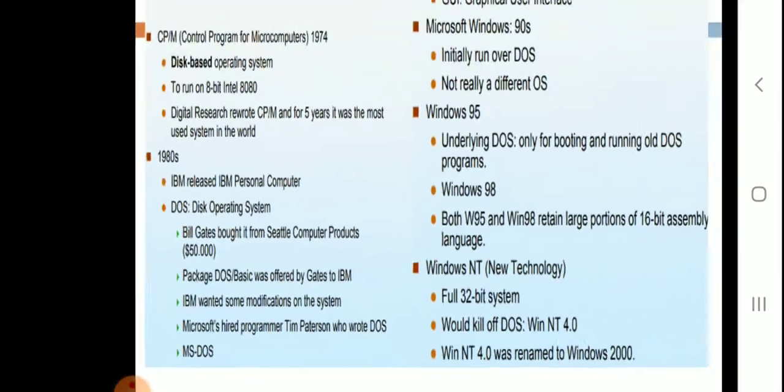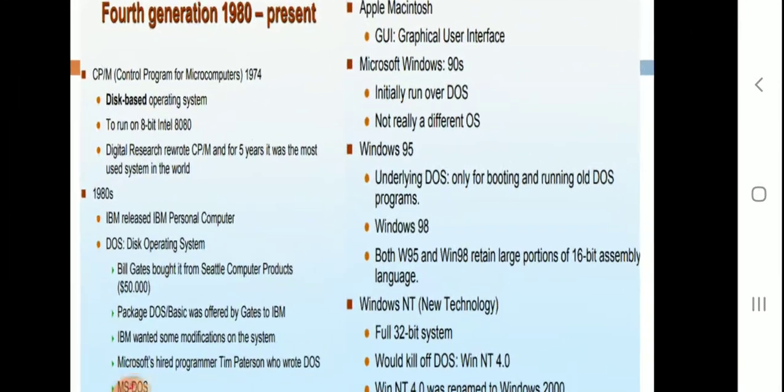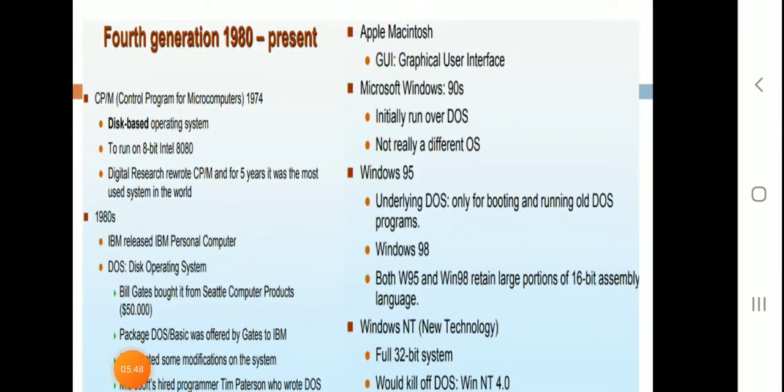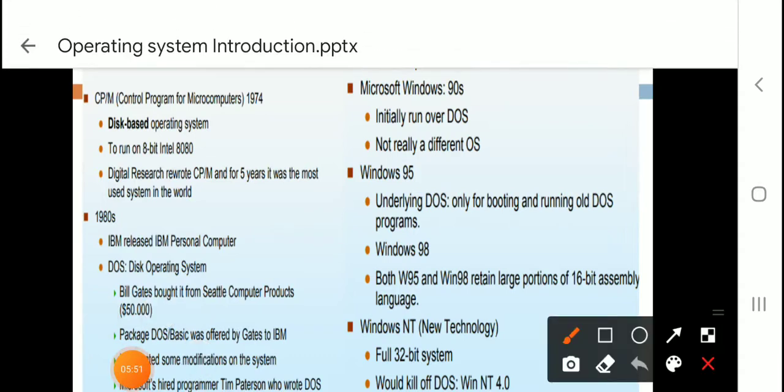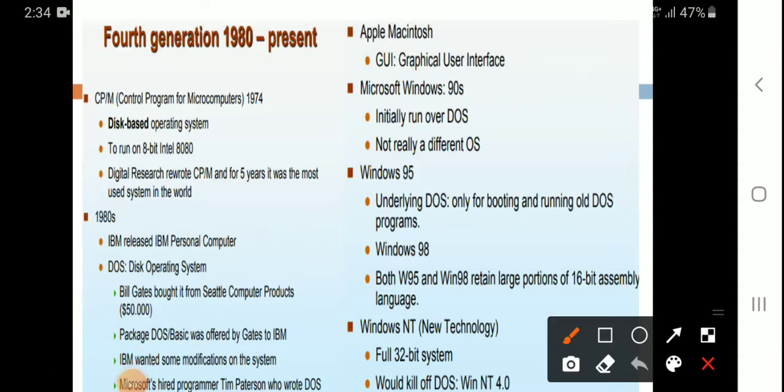Next, they developed the Apple Macintosh, which provided the functionality of a graphical user interface, for example for Photoshop, etc. Microsoft Windows 3.x initially ran over the DOS disk operating system, but was not really a different operating system.